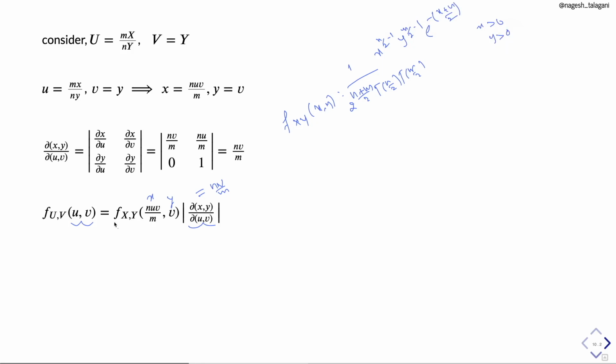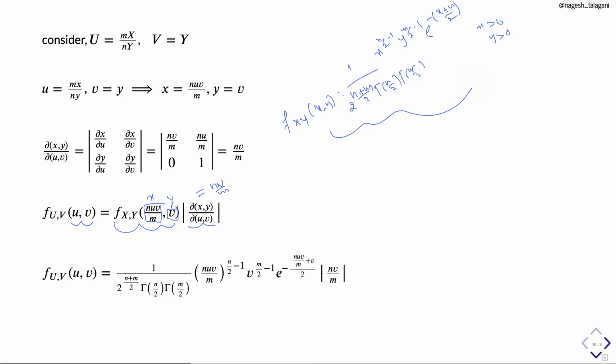Now, to see this, we simply substitute nuv by m for x and v for y in the joint PDF of XY. So we will have 1 by 2 to the power of (n plus m) by 2, gamma n by 2, gamma m by 2, times (nuv by m) all to the power of n by 2 minus 1, v to the power of m by 2 minus 1, e to the power of minus (nuv by m plus v) by 2, times the modulus of nv by m.